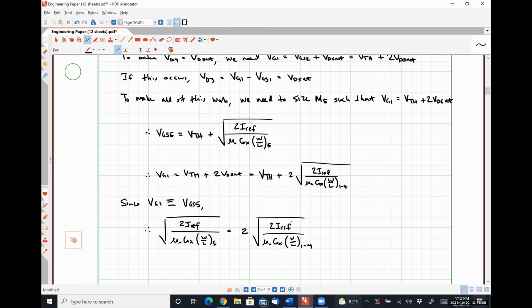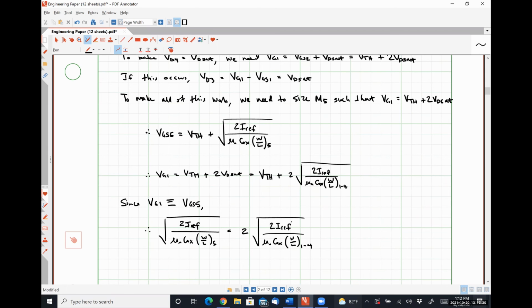So what is the relationship between the aspect ratio of transistor 5 and the aspect ratios of transistors 1 through 4? Pardon? Okay, smaller, but how much smaller?